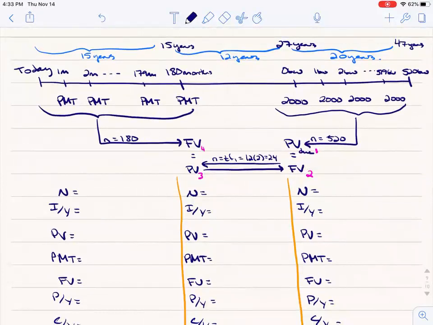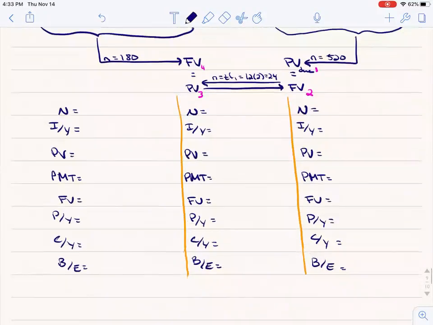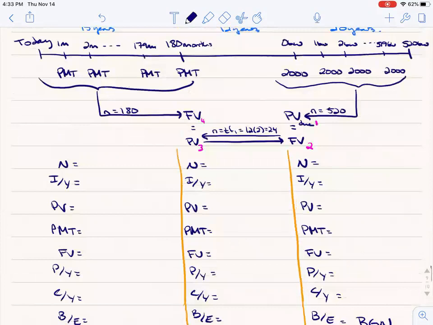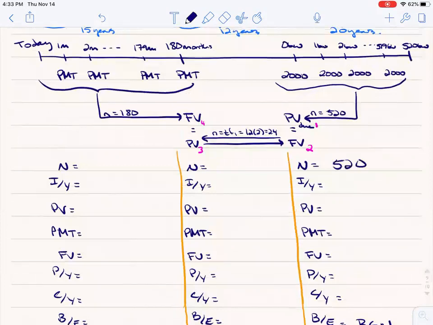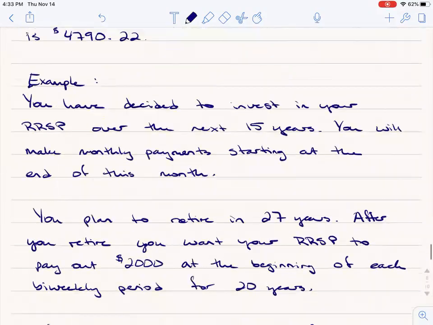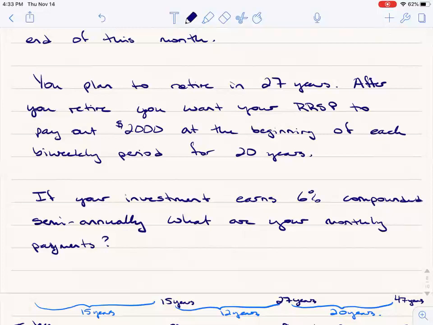So we're going to start by finding the present value of this annuity due. Right, so the first thing I want to highlight is that we should be in Bgn mode. So we just want to double check. And I'm still in Bgn from before, right? So that hasn't changed, but if you weren't, you'd have to change your mode. And for this first section, we decided was 520 payments. The interest per year is 6% compounded semi-annually across the board.